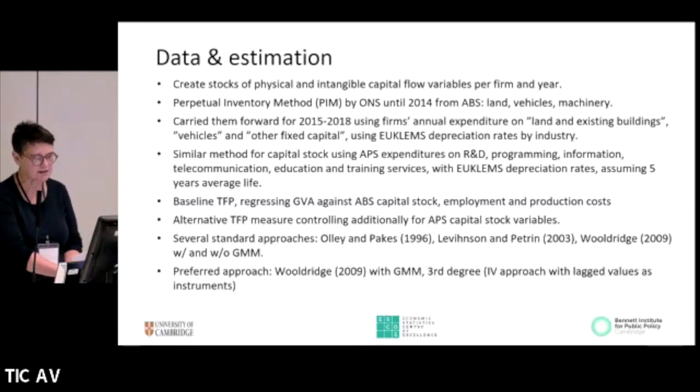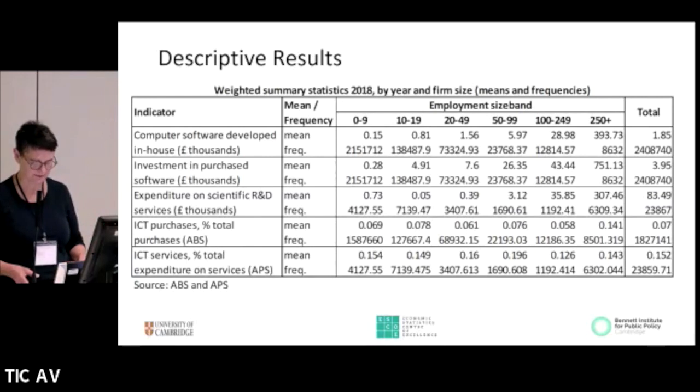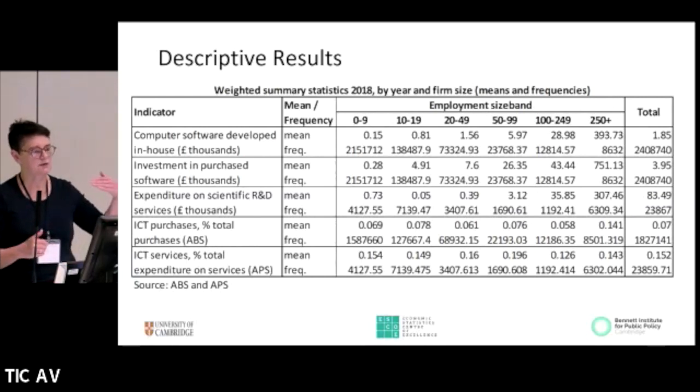And just to start with some descriptions, what this chart gives you are the size of the company by employment, and this is 2018 figures, and the spending on these different kinds of digital related capitals.